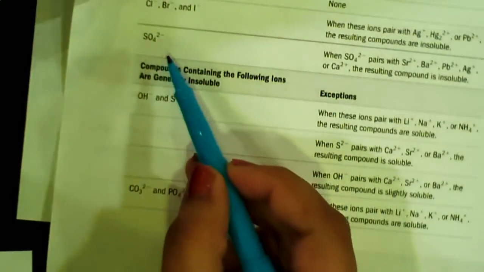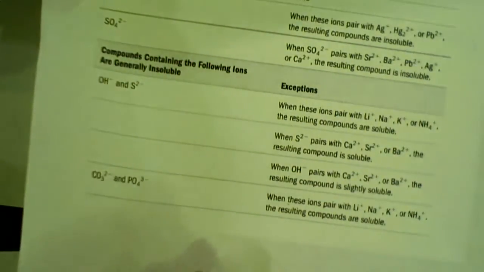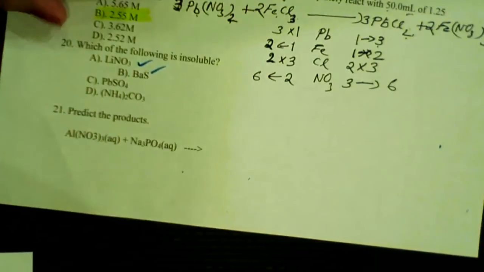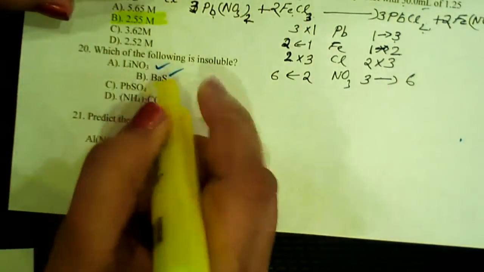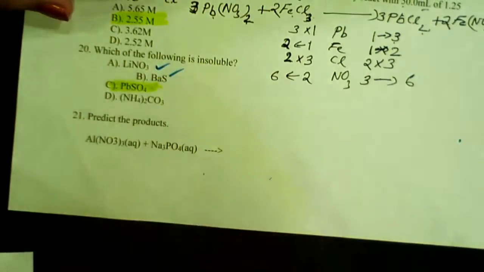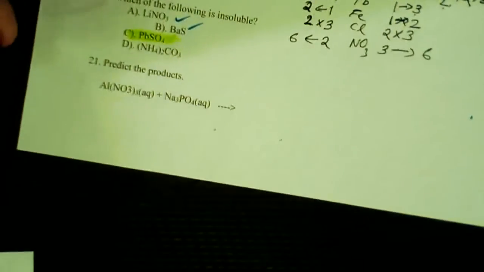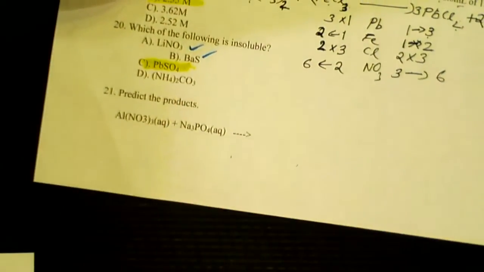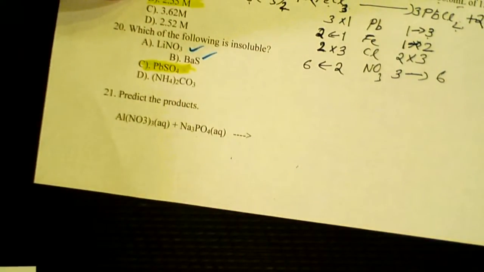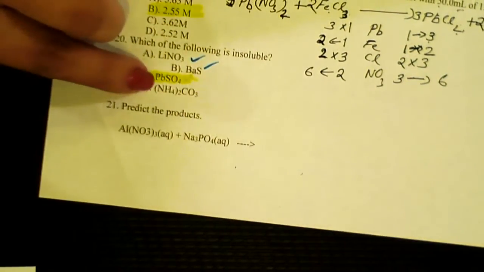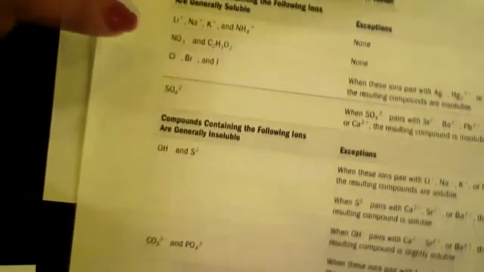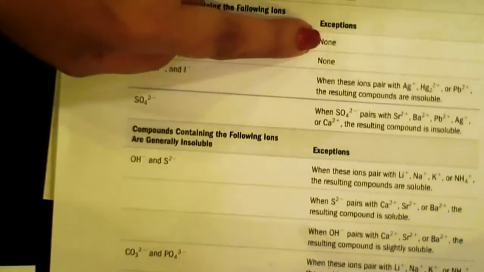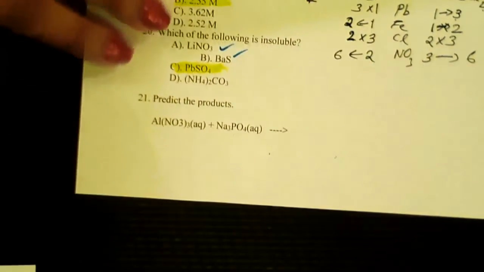And then barium sulfide. According to the solubility chart, sulfides are insoluble, but if it is with barium, that is going to be soluble. So this is also soluble. And lead sulfate. For sulfate, they are usually soluble, but if it is with lead 2+, that is going to be insoluble.